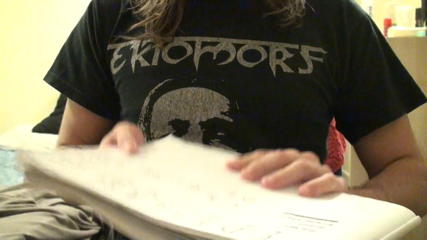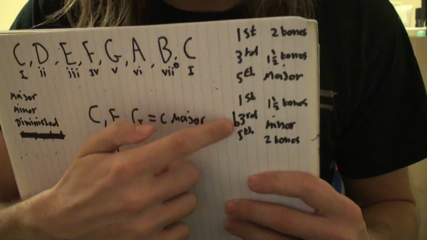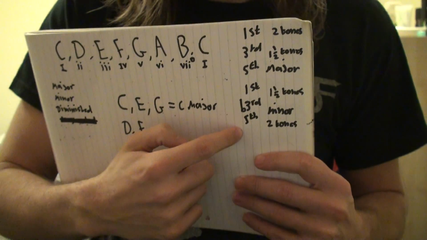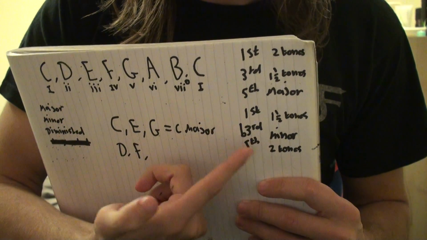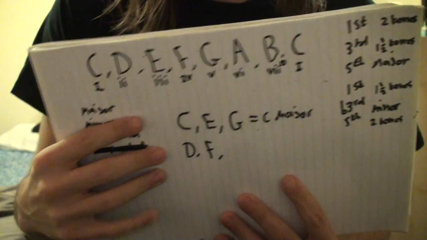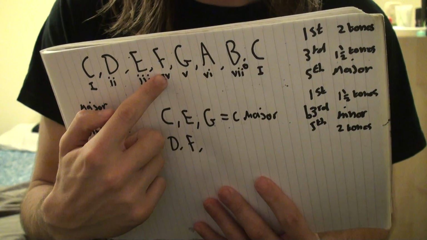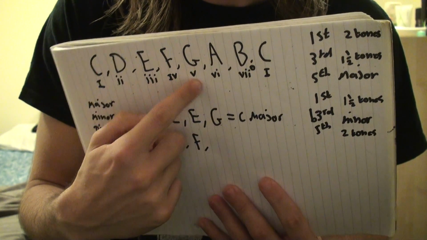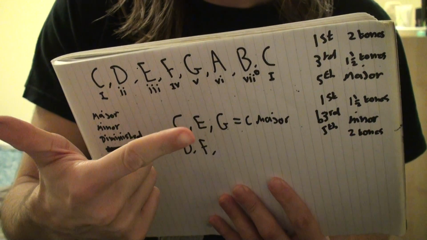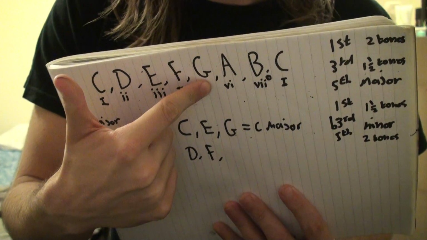Now, to get from the flattened third to the fifth, we have 2 tones. So, from F, we move up. Between them, you have F and F sharp. So we still need 2 more tones.